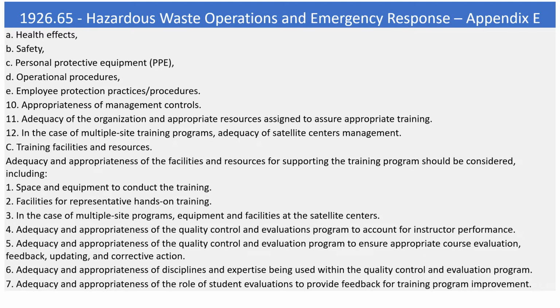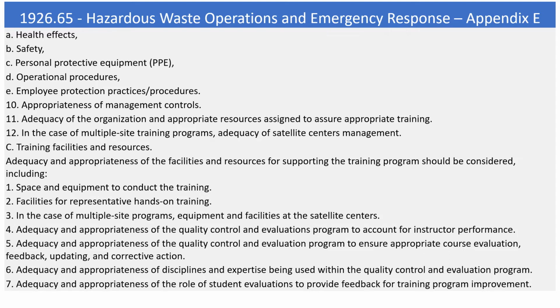C. Training facilities and resources. Adequacy and appropriateness of the facilities and resources for supporting the training program should be considered, including 1. Space and equipment to conduct the training. 2. Facilities for representative hands-on training. 3. In the case of multiple site programs, equipment and facilities at the satellite centers. 4.